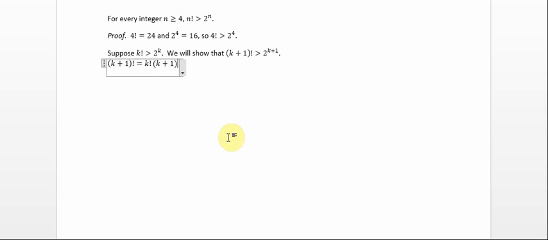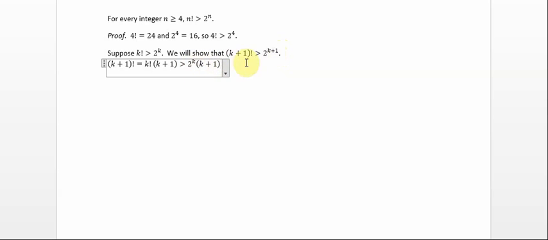It's 1 through k, and then k plus 1. Now I know k factorial is bigger than 2 to the k, so k factorial times k plus 1 is bigger than 2 to the k times k plus 1. All right. So far so good. I got a 2 to the k times k plus 1. Now I need it to be 2 to the k plus 1.